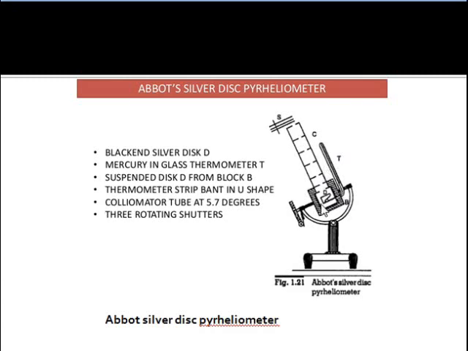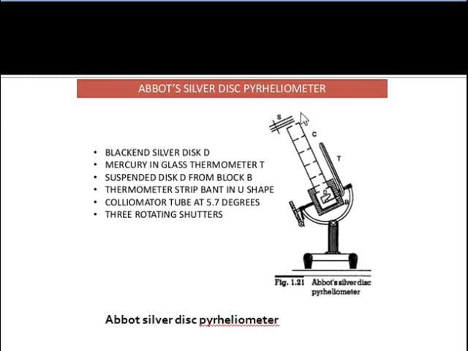And there is a suspended disc D, and this collimator tube has many diaphragms, in such a way that the light which enters from the entry point will be limited to a small angle of 5.7 degrees to fall on this surface. So there will be three rotating shutters.